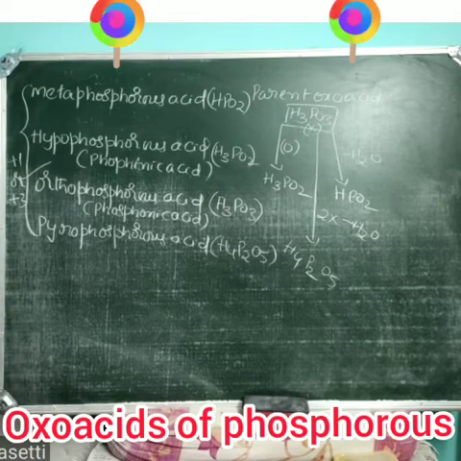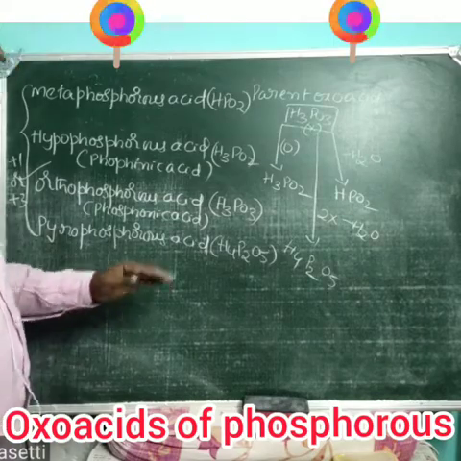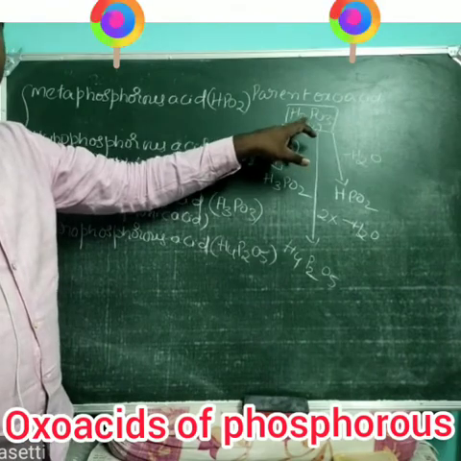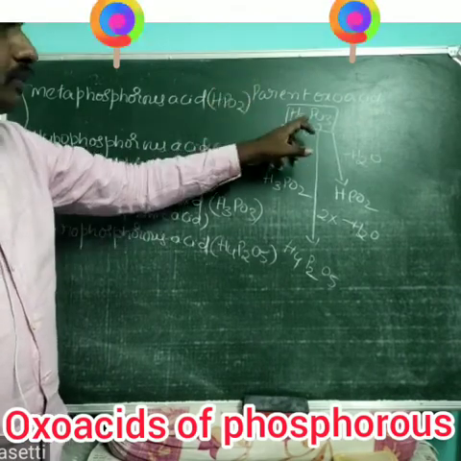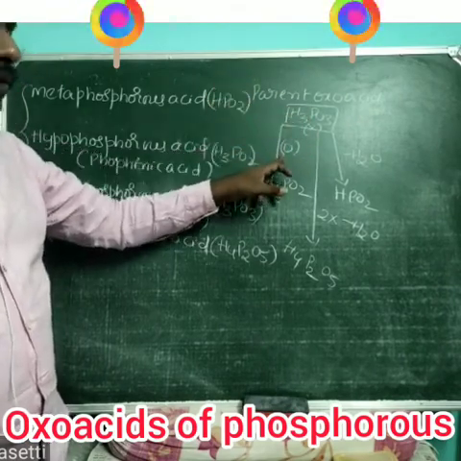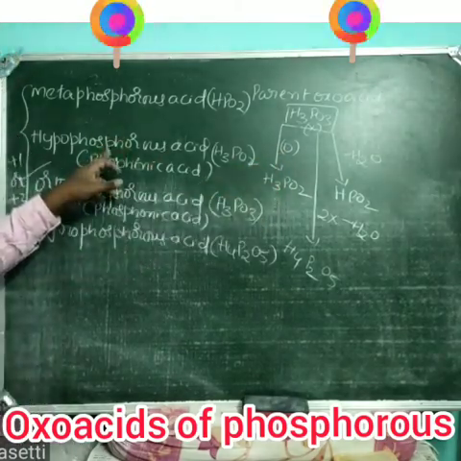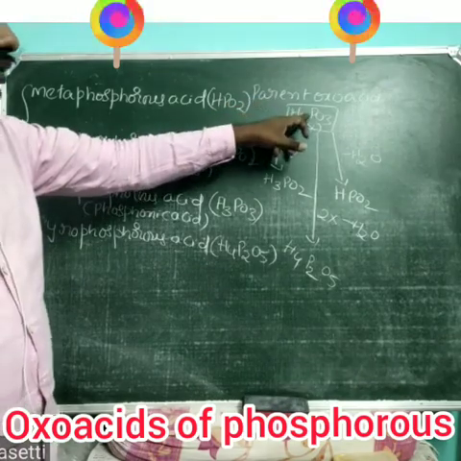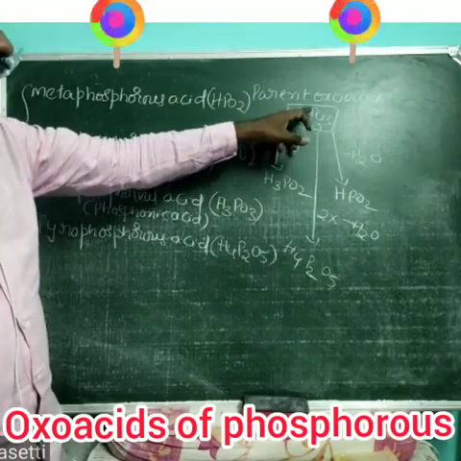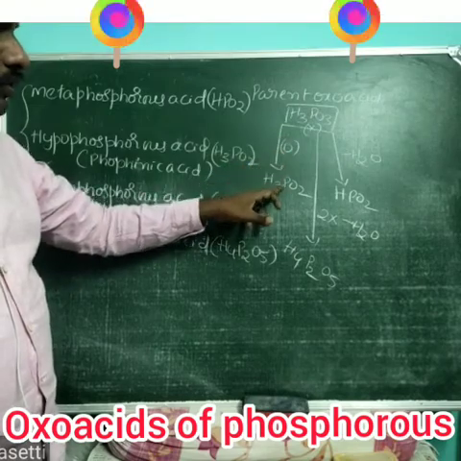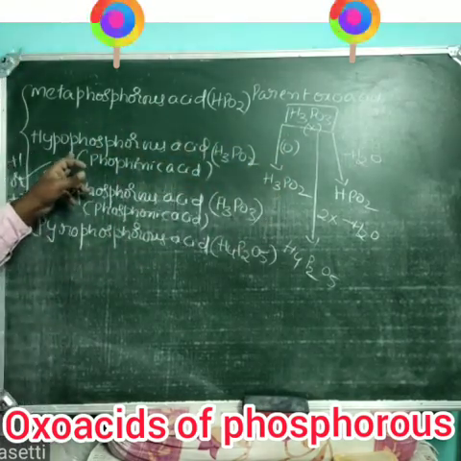So I will repeat again how to remember these acids. The parent oxoacid is orthophosphorus acid. From this orthophosphorus acid, if you remove one oxygen, you will get hypophosphorus acid.